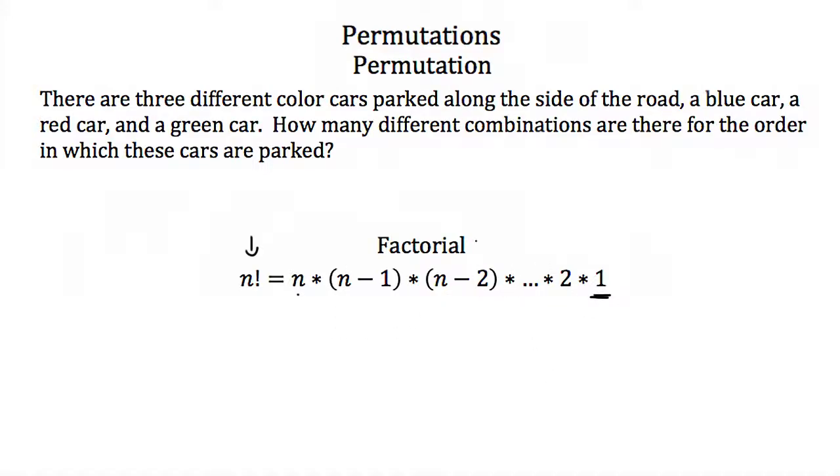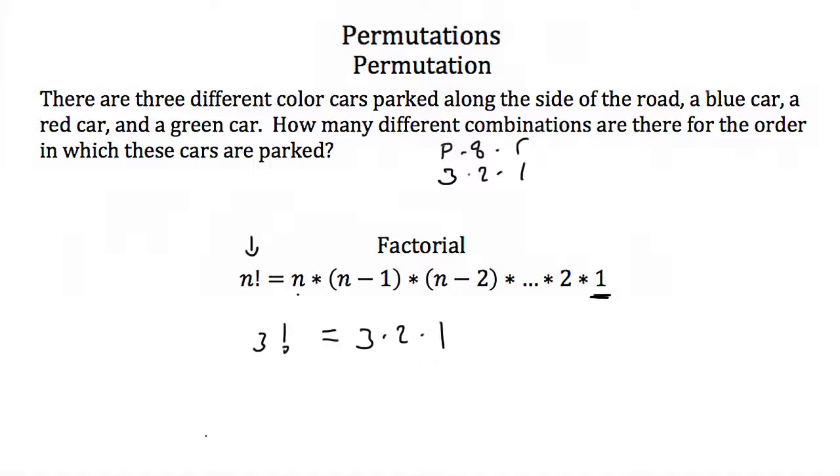So, if we were doing 3 times 2 times 1, where this is P, Q, and R, then we would just say 3 factorial because that's equal to 3 times 2 times 1. N would be 3, n minus 1 would be 2, and n minus 2 would be 1.